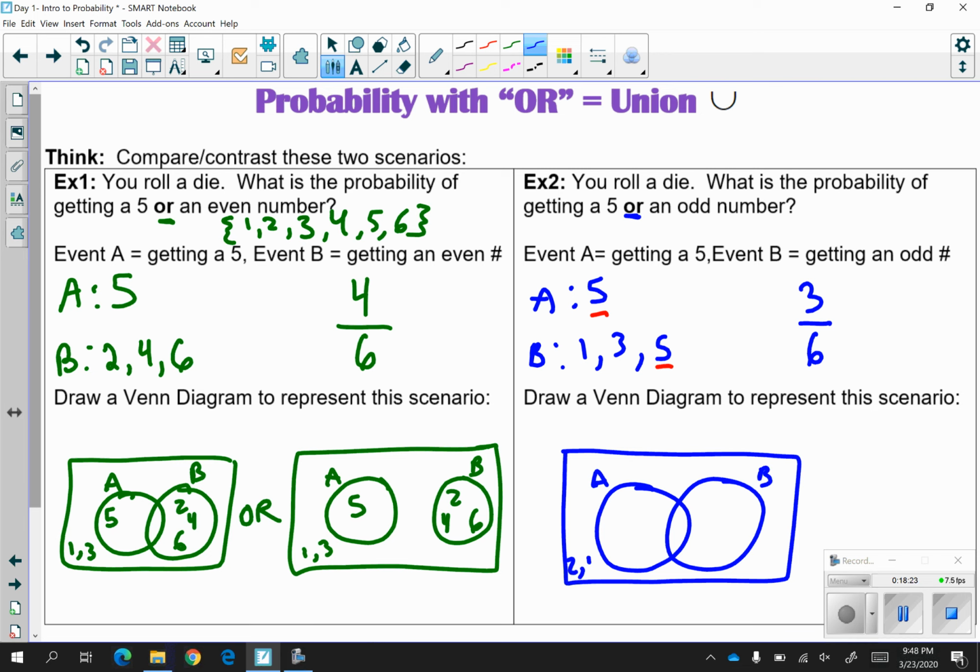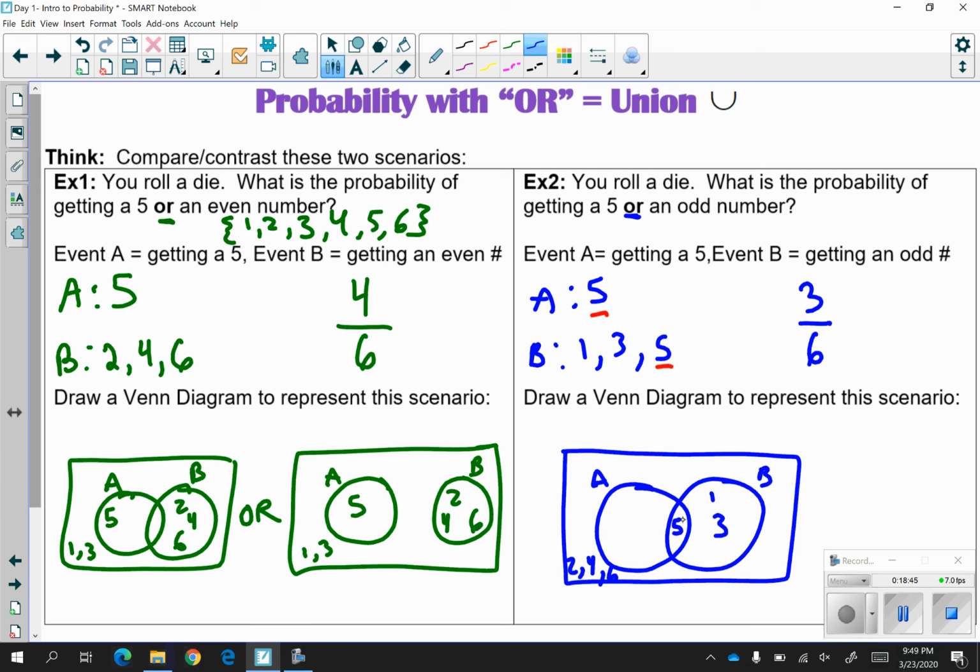2, 4, and 6 never even showed up in what we were looking at in either event. Event B had 1 and 3, and the 5, because it was in both event A and event B, you're going to put it in the middle where both are happening at once.